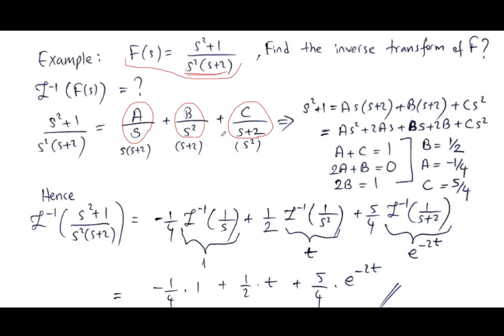Now we need to equate the denominators. This guy we need to multiply with s times s plus 2. This guy we need to multiply with s plus 2 and s squared. So just do the matching with the left-hand side. The left-hand side is s squared plus 1. And then on the right-hand side, we have this expression.